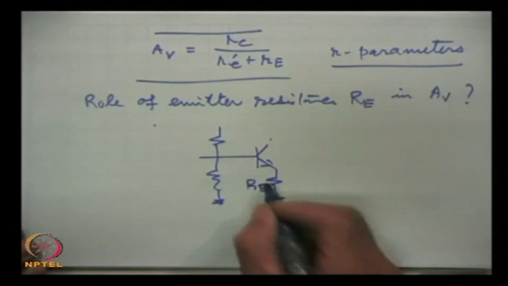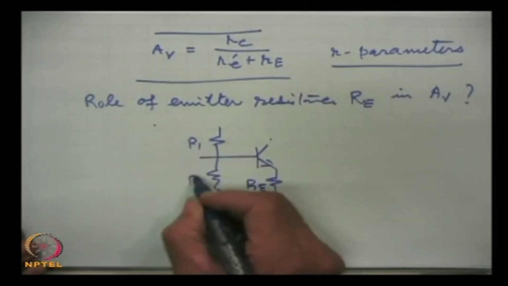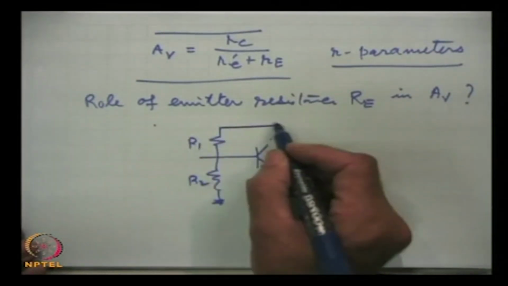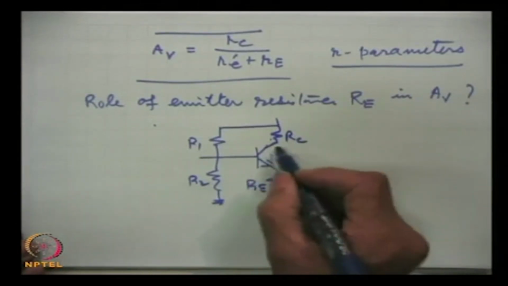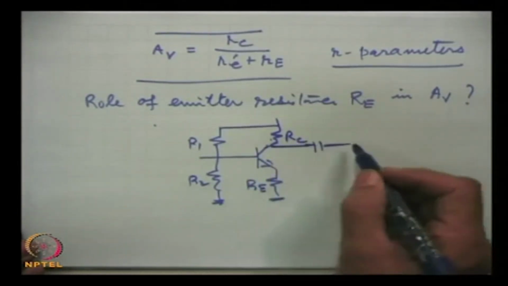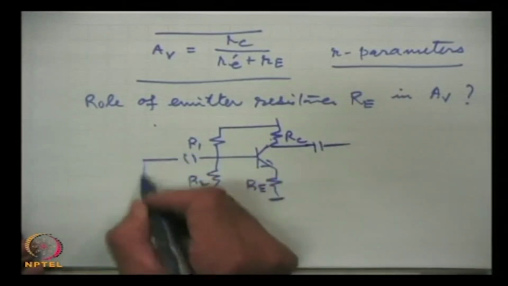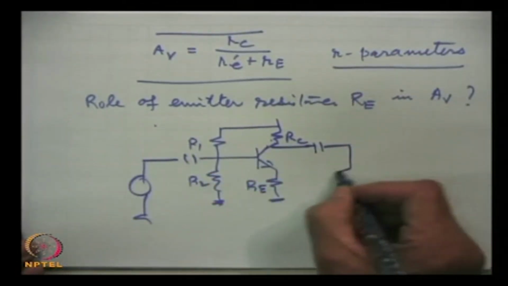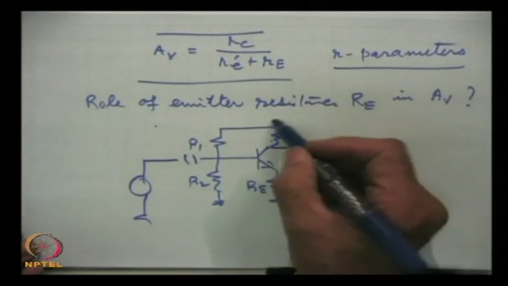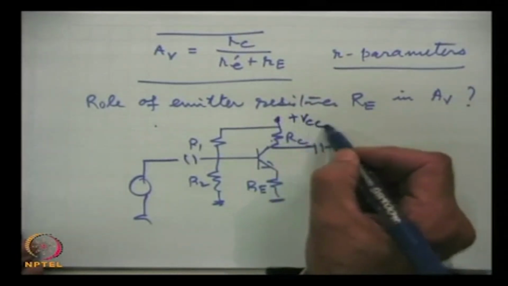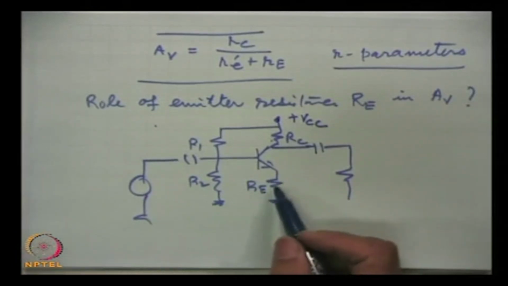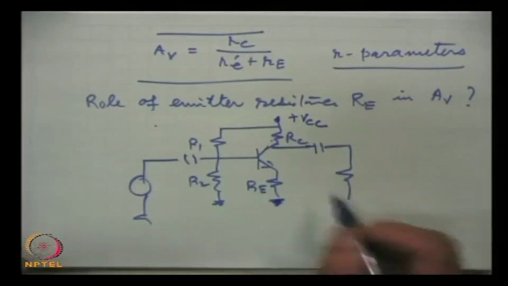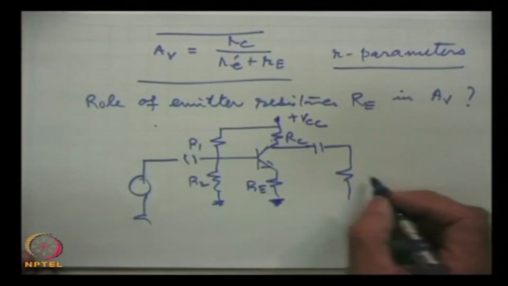This is Re, R1, R2, Rc, from here this capacitor, another capacitor. Suppose we use this resistance and we do not bypass it, then what is the influence?